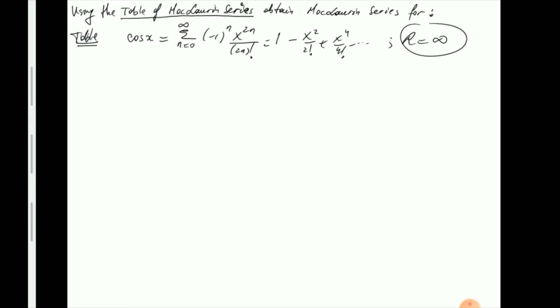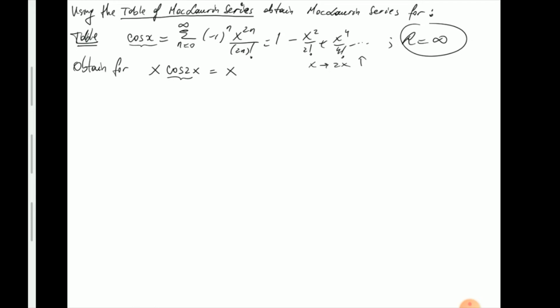So for example, let's say we want to obtain the same for the function x times cosine of 2x. What you have to recognize is that you could use the representation for cosine of x, except that in your problem, your function is cosine of 2x, which means you're going to replace x with 2x in the MacLaurin expansion for cosine of x.